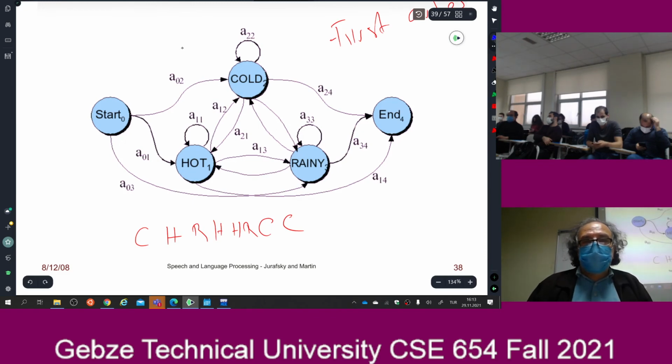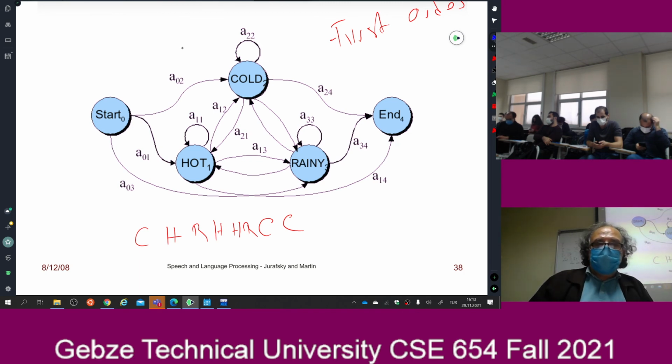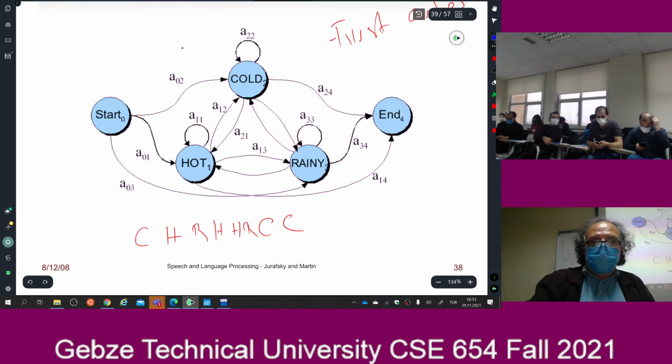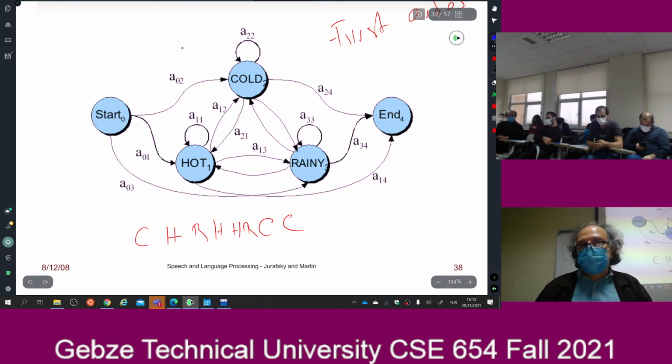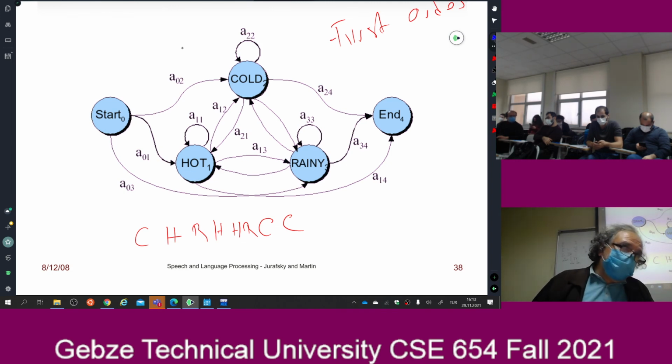Okay, all transitions. It will give me the probabilities of having, for example, cold, hot, rainy, hot, rainy, cold days one after the other. For example, for the June season of the Gebze area. So what kind of transitions do I have at the beginning?